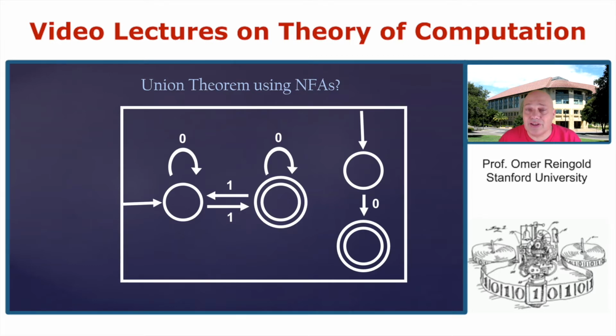So recall that NFAs can have more than one start vertex. And so you can guess if the word is accepted by this DFA or the other DFA. And once you choose correctly, you can run your computation on the right DFA. So this is a reduction. The reduction essentially takes the union of these two DFAs.